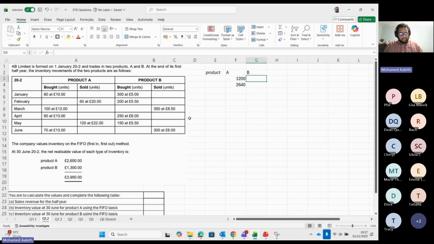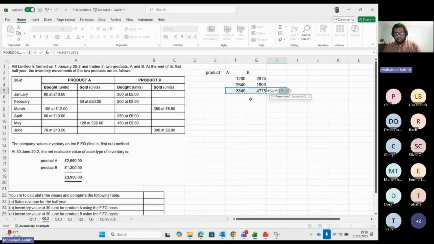And the next one is B, 350 at £8.50 a unit. So let's do the formula equal to, and the next one is 300 times £6. So the total for A is going to be this way. Let's do the sigma and then equal.